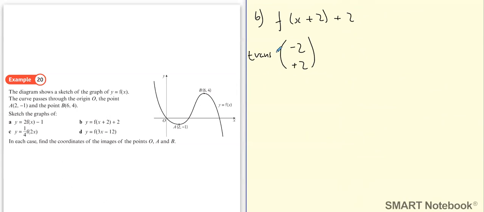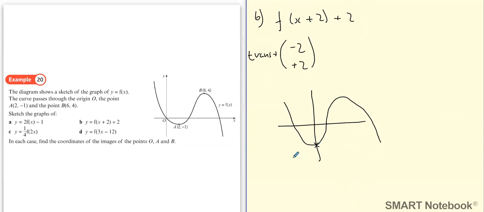I'm only moving it left by 2 and up by 2. Actually, I better do this in 2 goes. I'll move it left by 2 first.